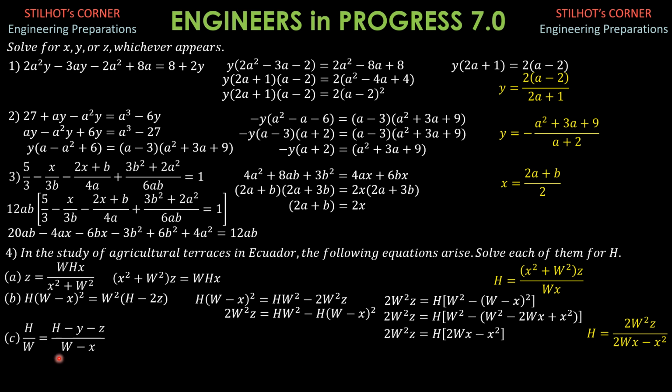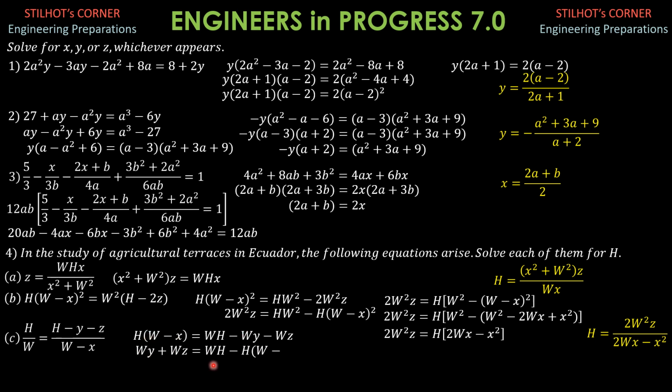Then lastly, we first cross multiply. So we have quantity HW minus H times quantity W minus X equals WH minus WY minus WZ. Transpose negative WY and negative WZ to the left, they become positive, and transpose this to the right.